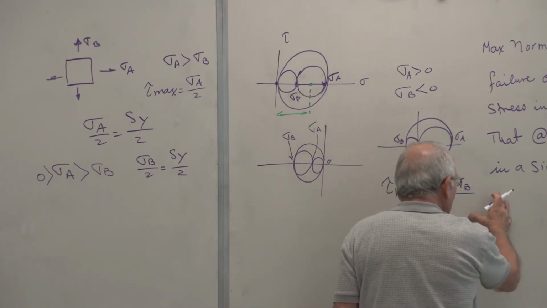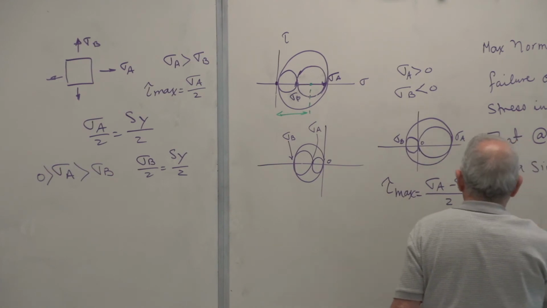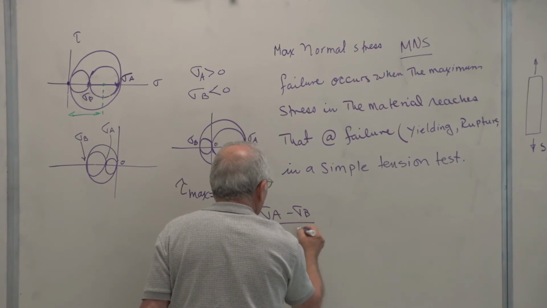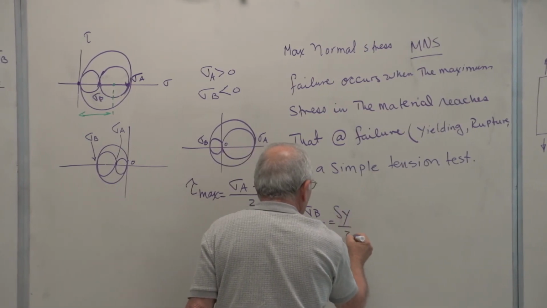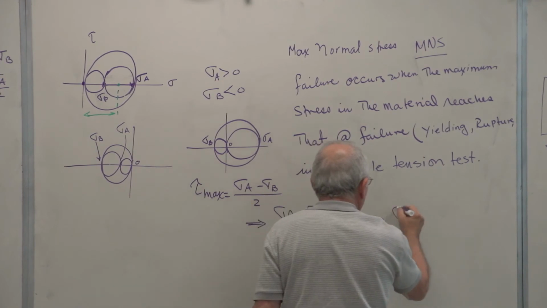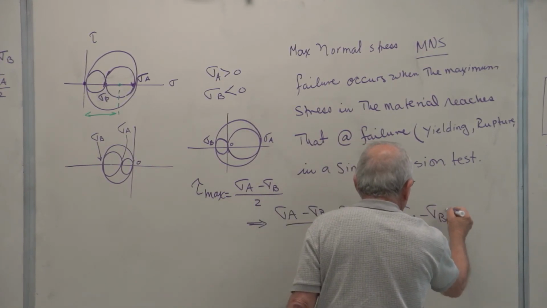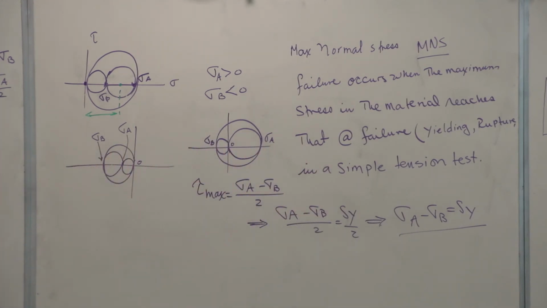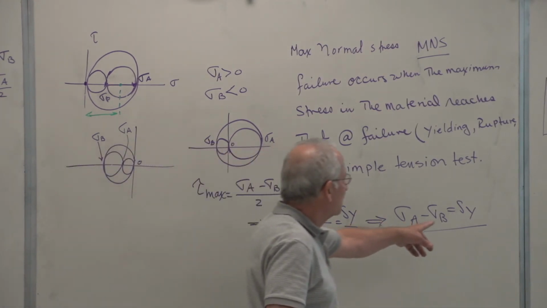And yielding will occur when that equals Sy over 2. So yielding will occur when the difference between the two principal stresses, and remember one is positive, one is negative, so when we say the difference, the magnitudes actually add, is equal to the yield strength of the material.